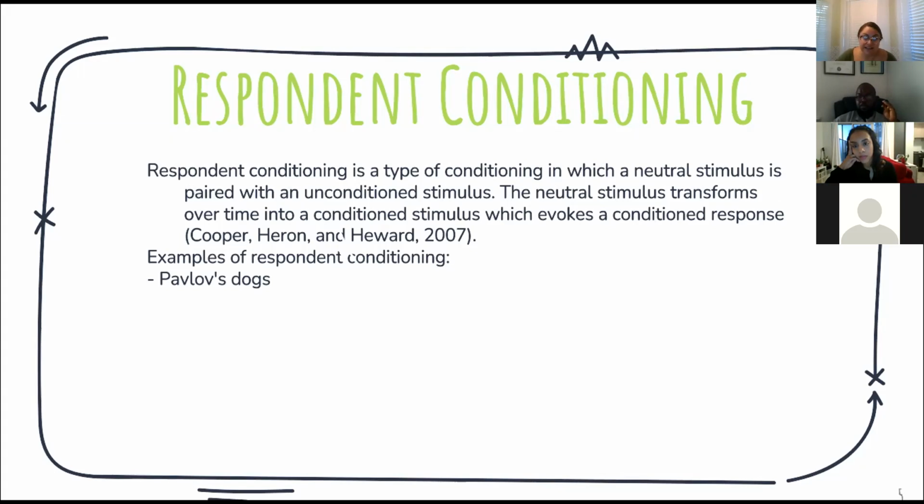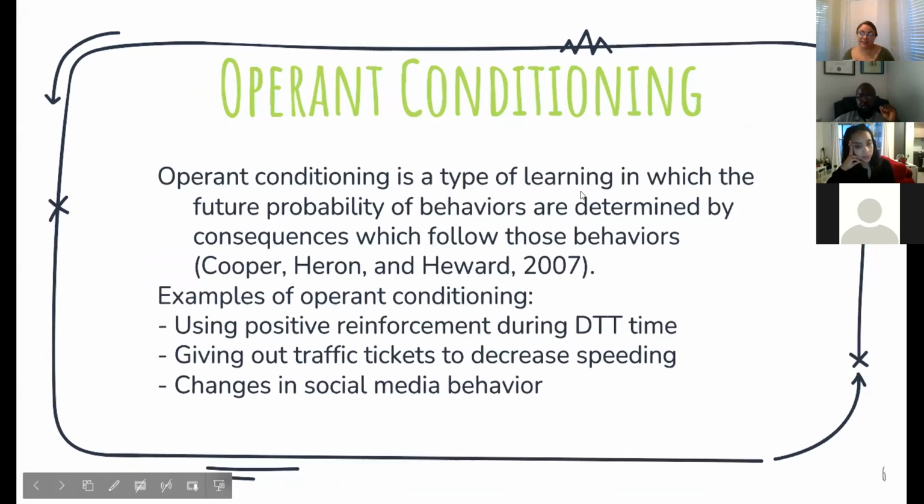Okay, the next one that I have is operant. So operant conditioning is the type of learning in which the future probability of behaviors is determined by consequence, like we said. So using positive reinforcement during DTT, or giving out traffic tickets to decrease speeding, or changes in social media behavior because somebody liked something.